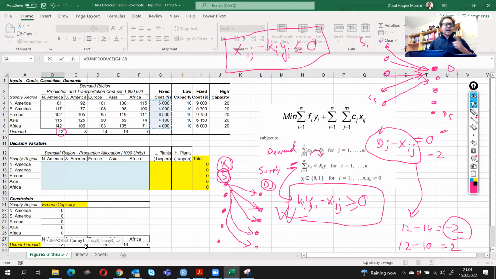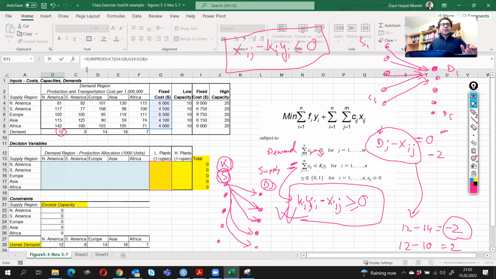After array you see I have a semicolon, so I'm going to use a semicolon. On some computers you might have to use a comma, depending on which format of Excel you are using, the American one or the European one. So here I'm going to put a semicolon, and then I'm going to select this part here. The fixed cost should only be accounted when the plant is open. Here we will get 0 or 1, right? So that's why we multiplied with this one for the low capacity.